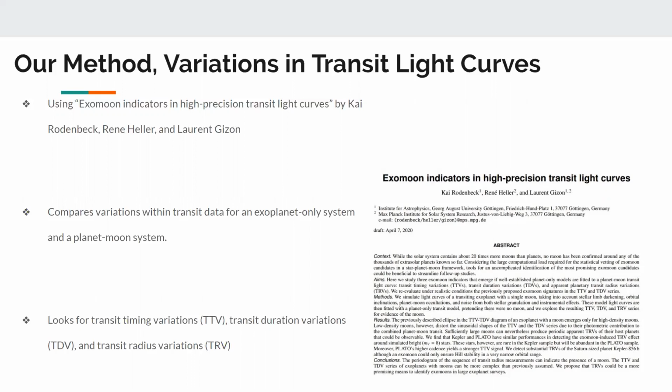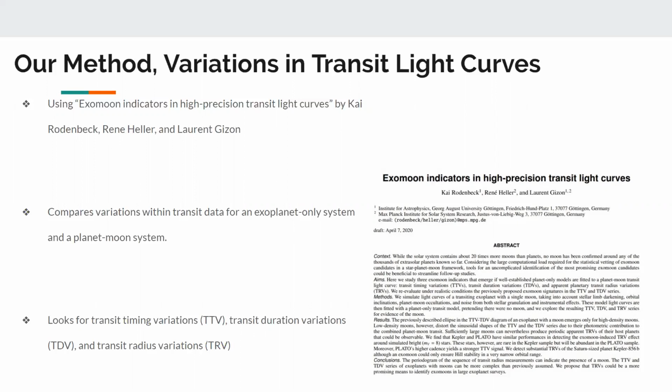The transit duration variations come from when the planet's motion along the path of the transit relative to the system's barycenter, with respect to the moon-planet axis oriented along the line of sight. And the transit radius variations come naturally as a result of transit depth fluctuations found in exoplanets, but this concept hasn't really been applied to exomoons before this paper.